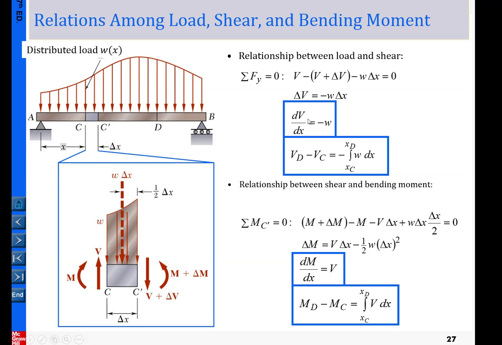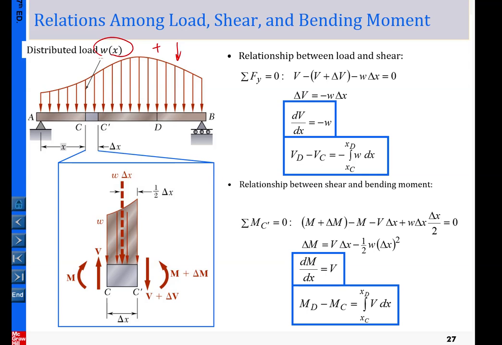equal to V. Basically, this is saying that the slope of the curve of the shear diagram equals the value of minus W at that position. And for the sign convention, I want to emphasize that W is positive downward, as we formulated here.